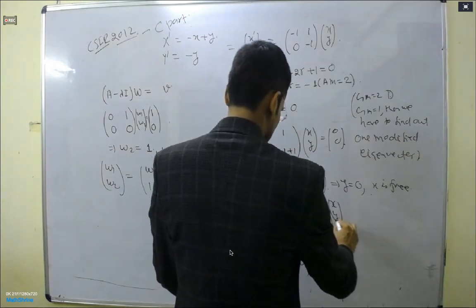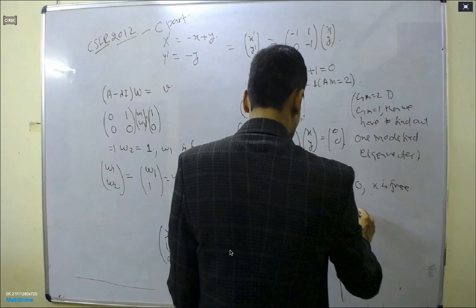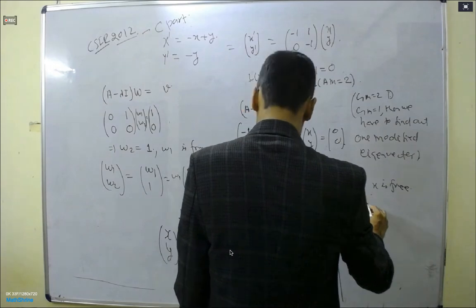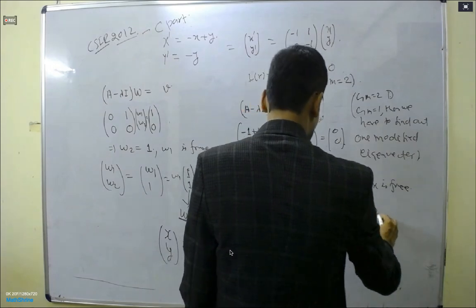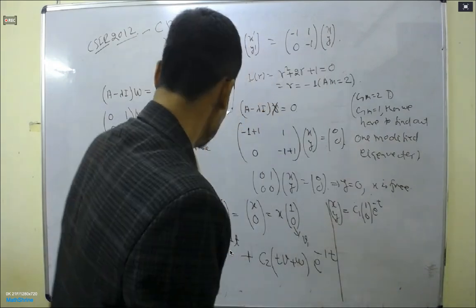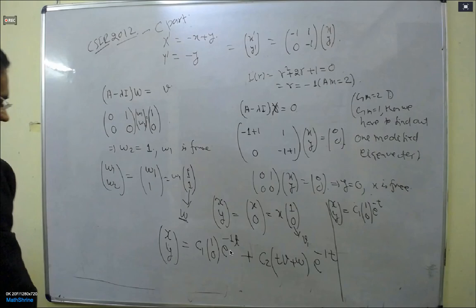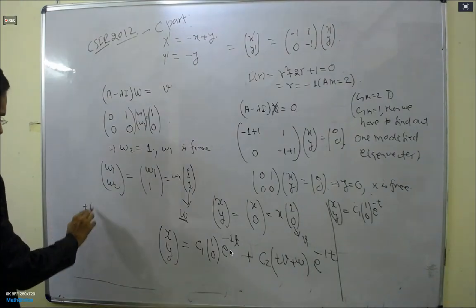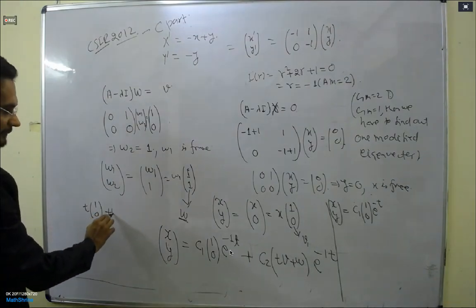This can be written as x comma y is equal to C1 e power minus t plus C2 (1 plus t) e power minus t, right?